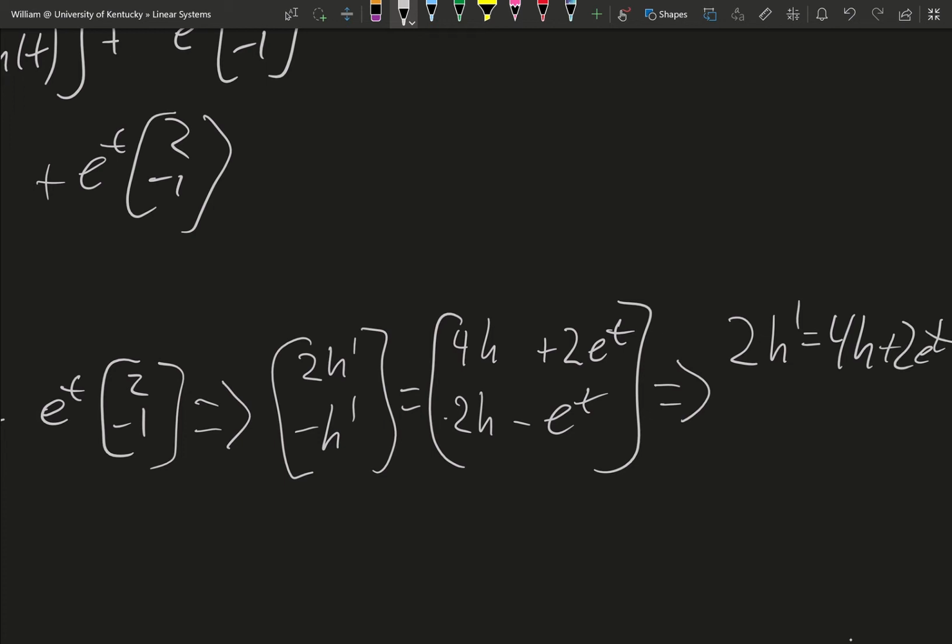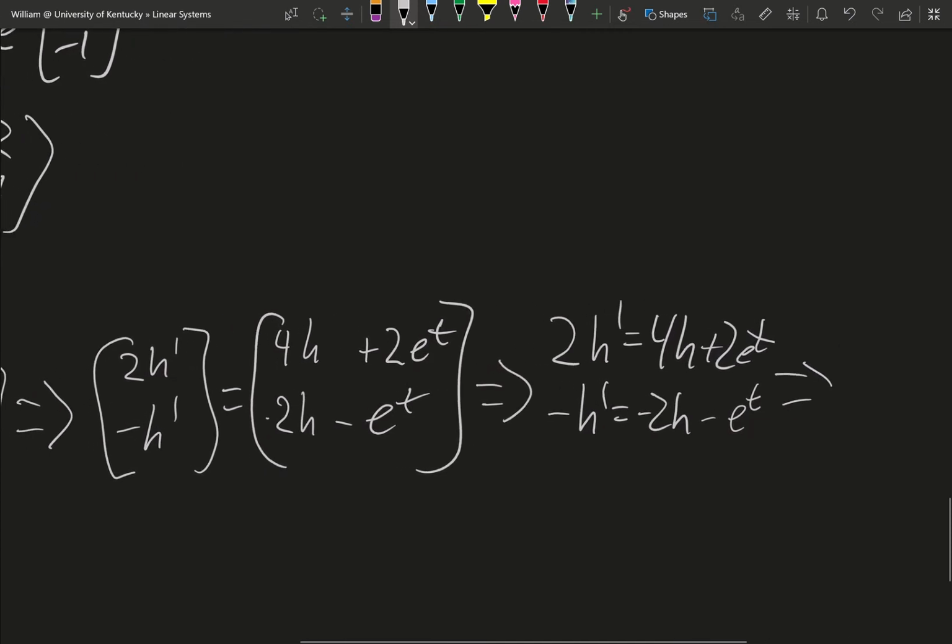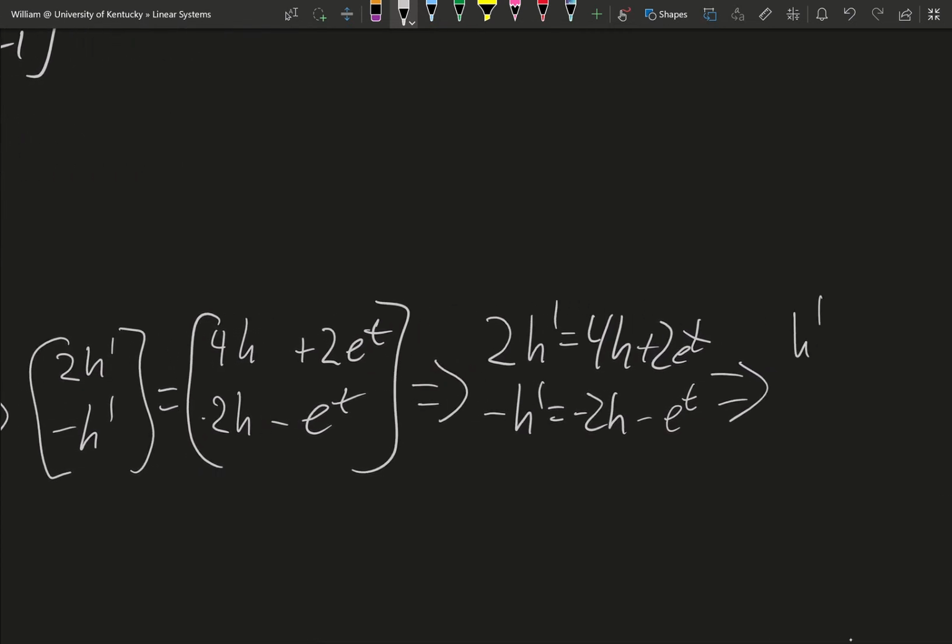So the key thing is I end up with really the same equation twice. I've just multiplied through by a constant. If I divide the top by 2, I get h prime equals 2h plus e to the t. And if I multiply through the bottom by negative 1, I get h prime equals 2h plus e to the t.